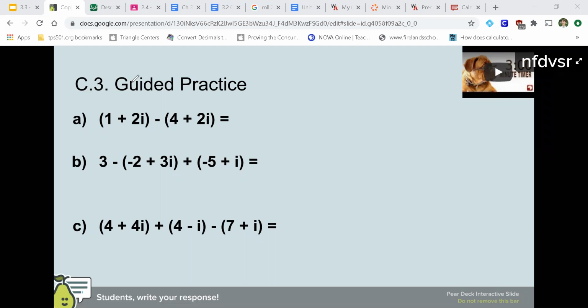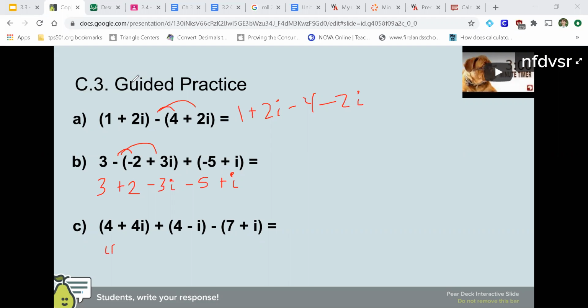So like this one I maybe wouldn't, but you absolutely could rewrite that as 1 plus 2i minus 4 minus 2i. And for this one, it would become 3 plus 2 minus 3i minus 5 plus i.